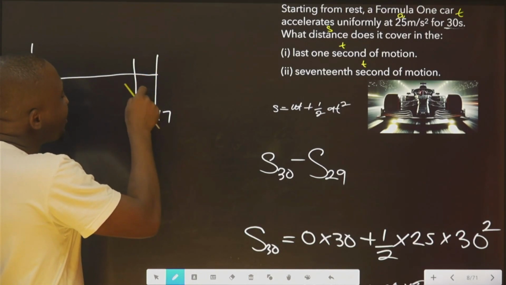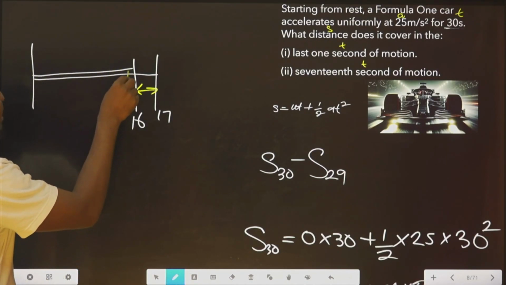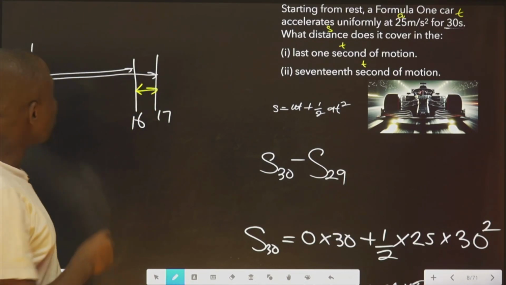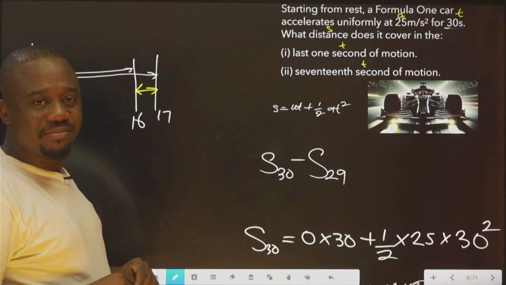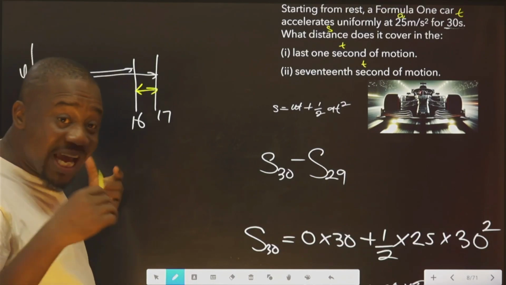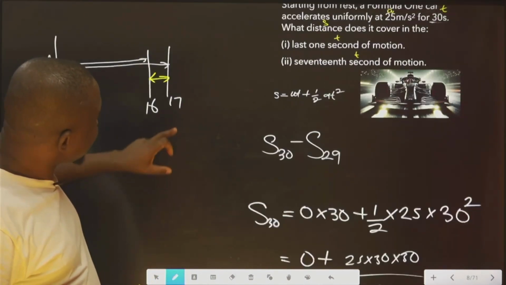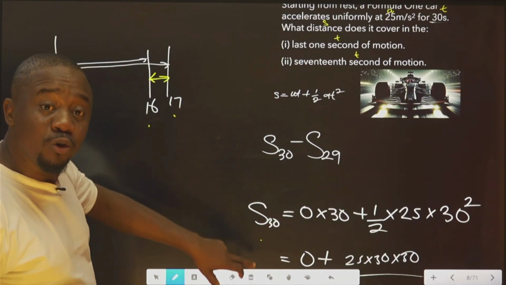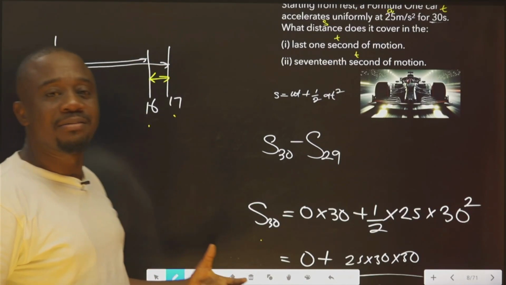So we have to connect them to the beginning, because this is the initial, the way we did this. So what I'm going to do now is allow you to solve this and share the answer with us. The same process: first you do for 17 the way you did for 30, then you do for 16 the way you did for 29, then you subtract and get your final answer.